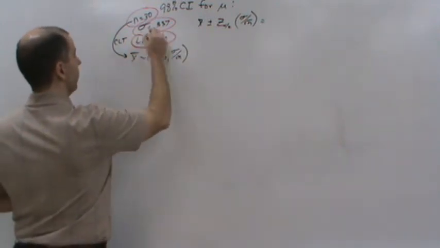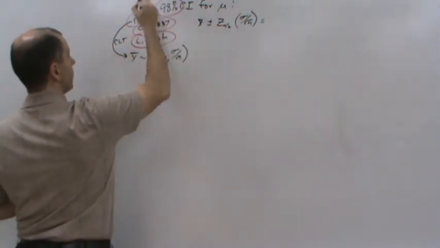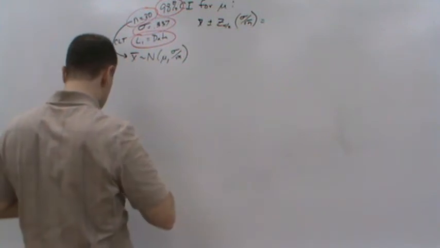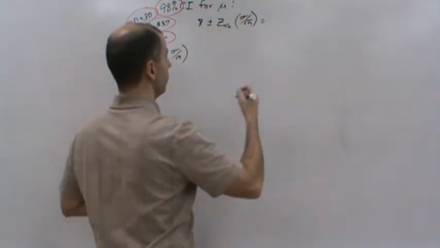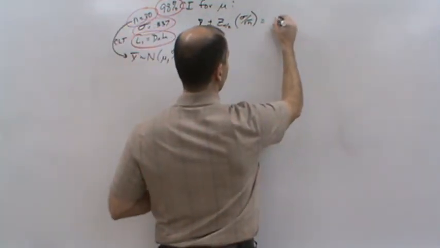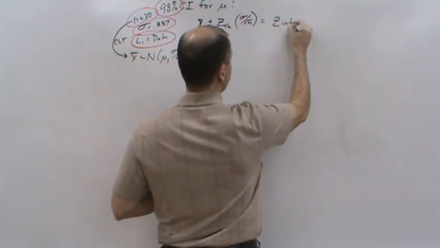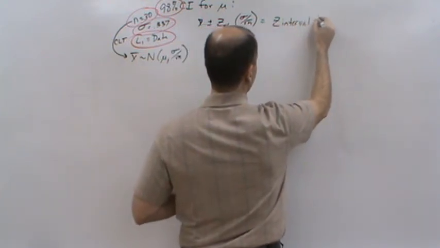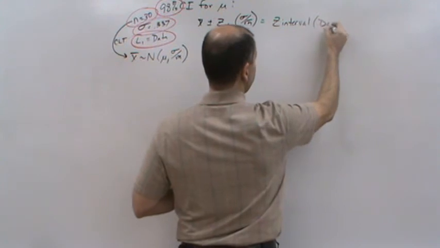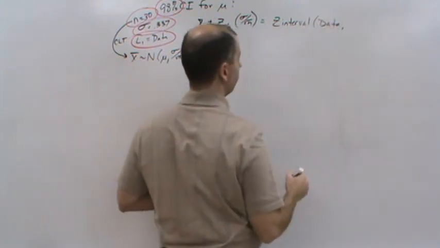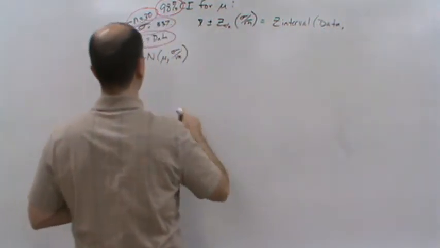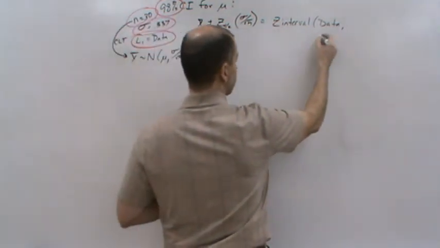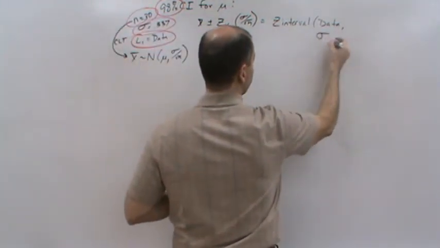So I can use Z Interval, and we're going to use data this time. You just plug in the data, and then you're going to use sigma, you have to put in sigma.